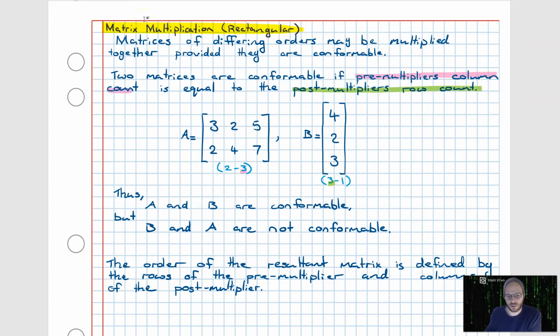Now, because for matrix A and matrix B, the pre-multiplier column count and the post-multiplier row count are both in agreement, so 3, matrices A and B are said to be conformable, and as a result, they can be multiplied together. However, if we try and go in the opposite direction, so if we multiply B by A, what we're going to find is that they're not conformable, so that sort of multiplication is not possible.